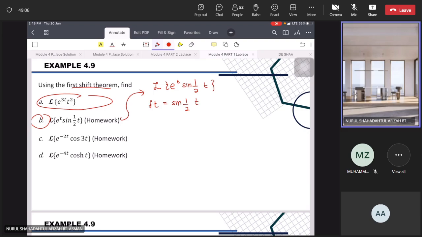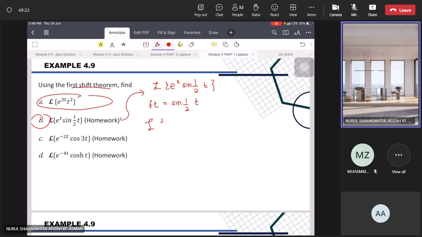So I need to find the first one, the Laplace of sine t.